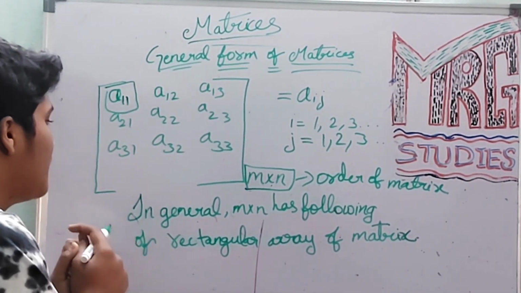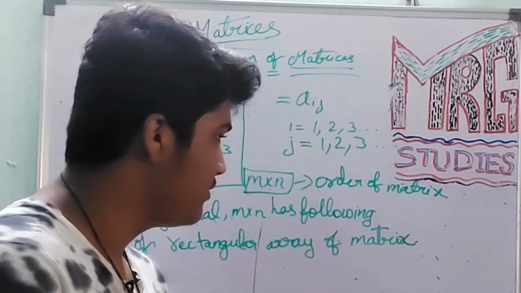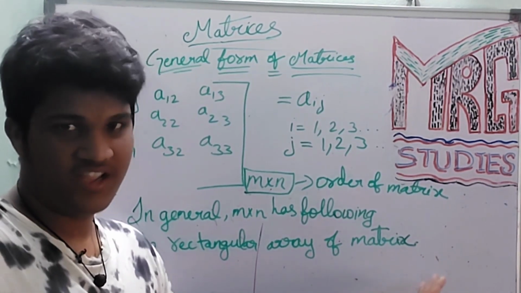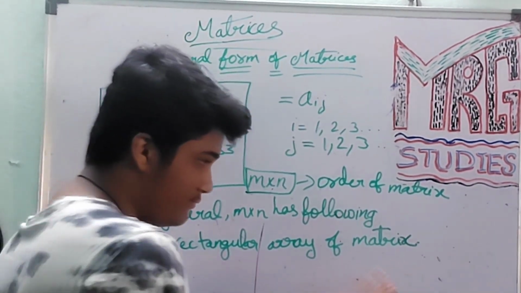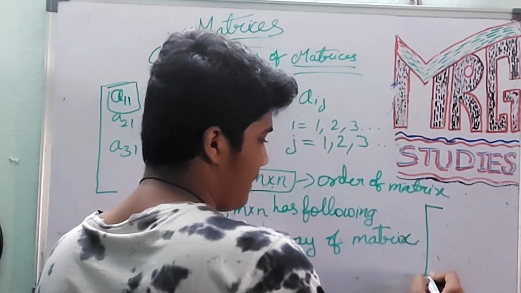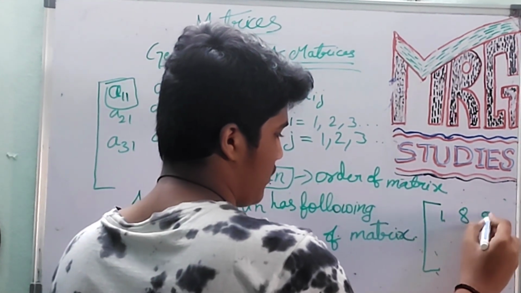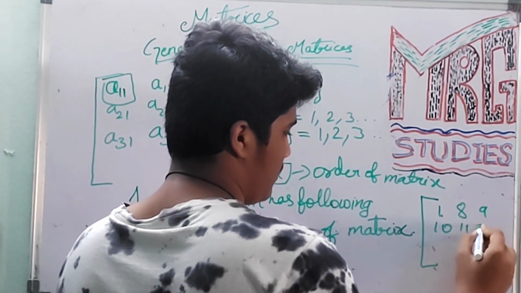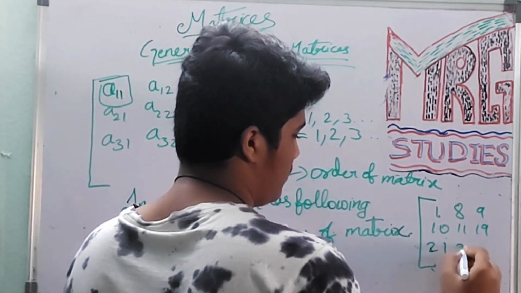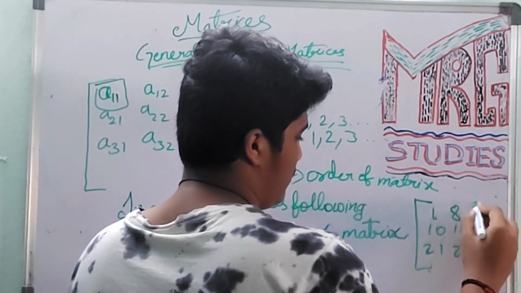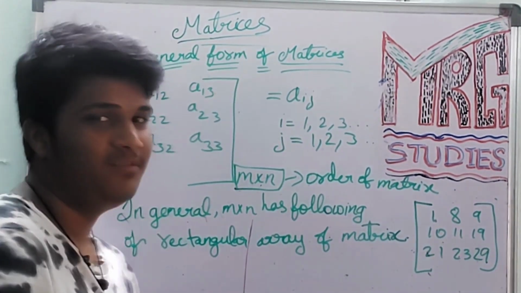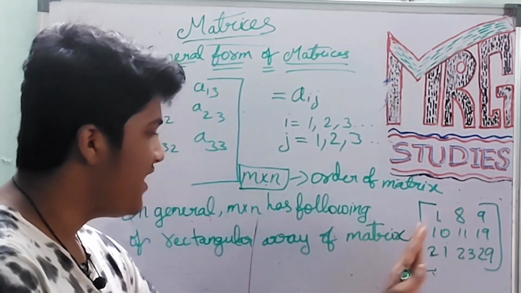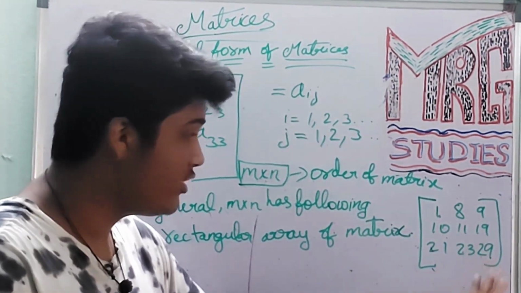See friends, for example, I am writing a matrix here. So see here. Now this is our matrix, right? 1, 8, 9, 10, 11, 19, 21, 23, 29.